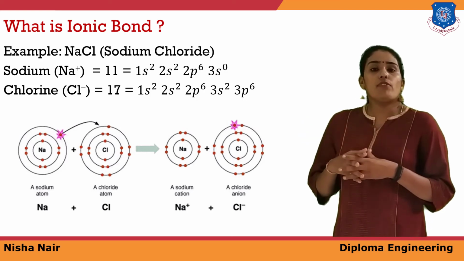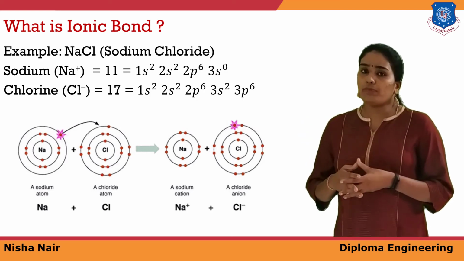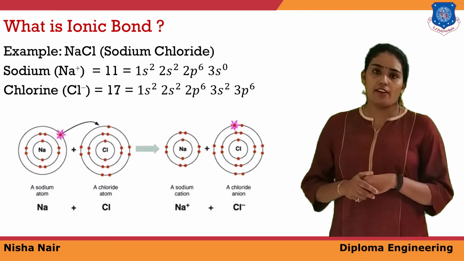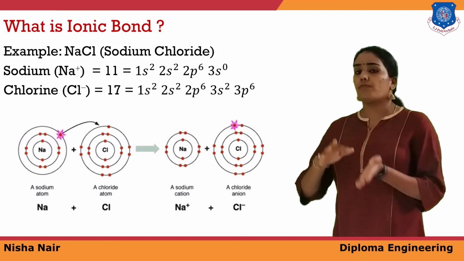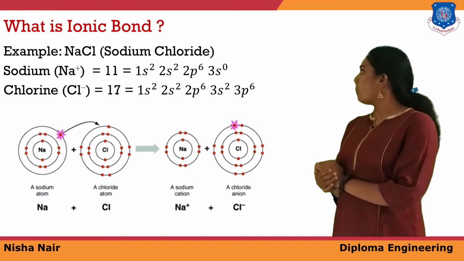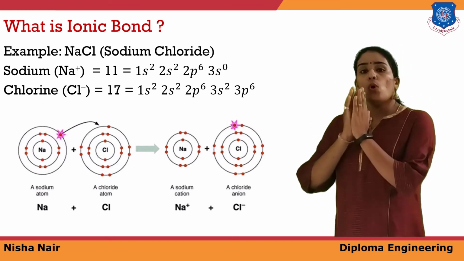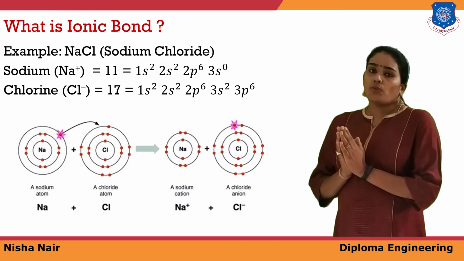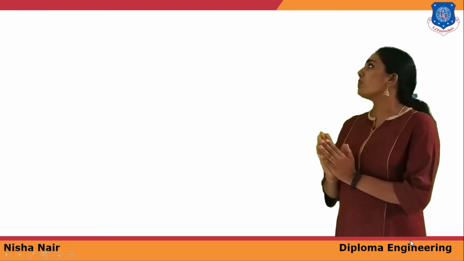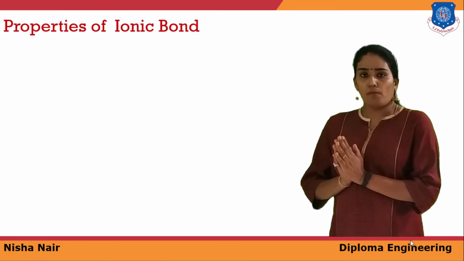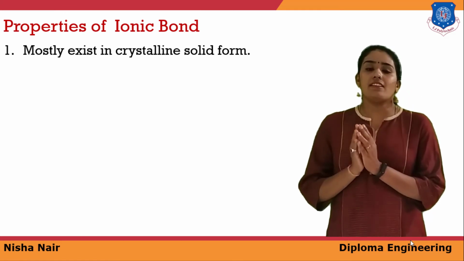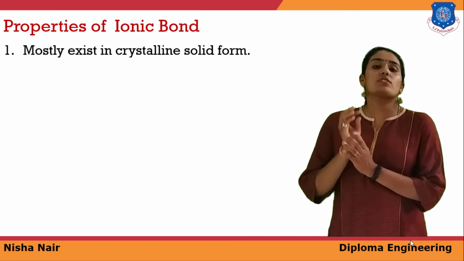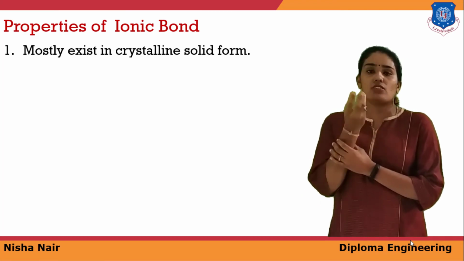So we can say ionic bond is the bond formed between the cation and anion, or the bond formed by the transfer of electron from one atom to another atom. Now all compounds which show ionic bond are known as ionic compounds. So let me see the properties of ionic compounds. First, they mostly exist in crystalline solid structure. They are seen mostly in solid nature, as we see salt in solid form.